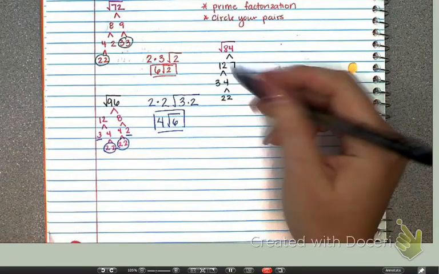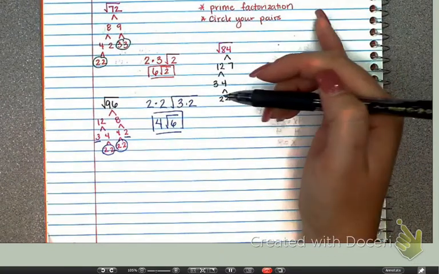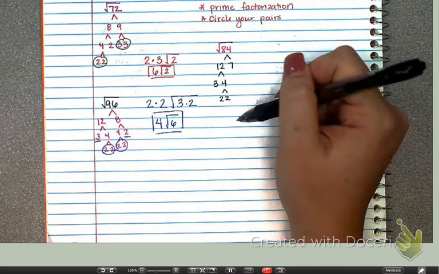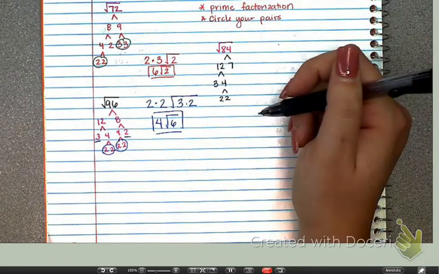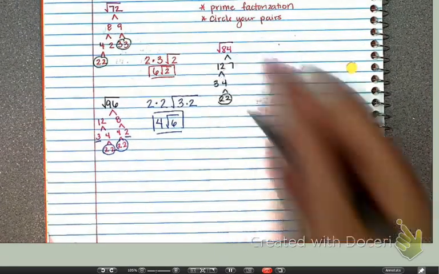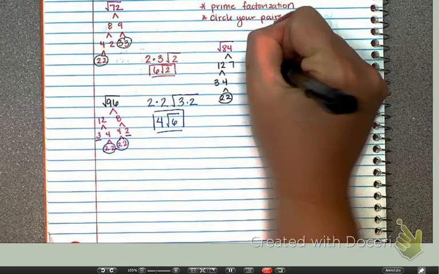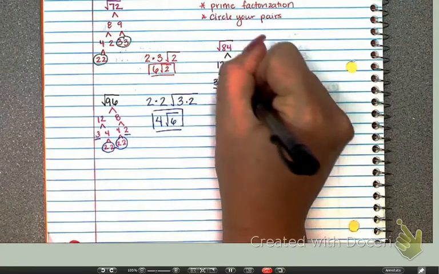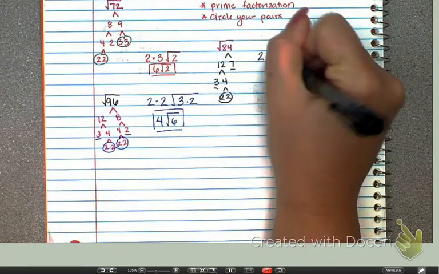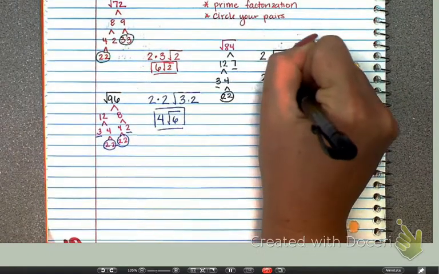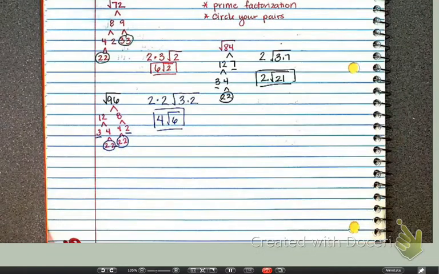So it doesn't matter how you choose to break this down, as long as it's correct, like the numbers multiply properly, because you get the same prime factors at the end. So I have a pair of 2s, so that 2 comes out, and what's left over? The 3 and the 7. So 2 square root of 21 should be your final answer.